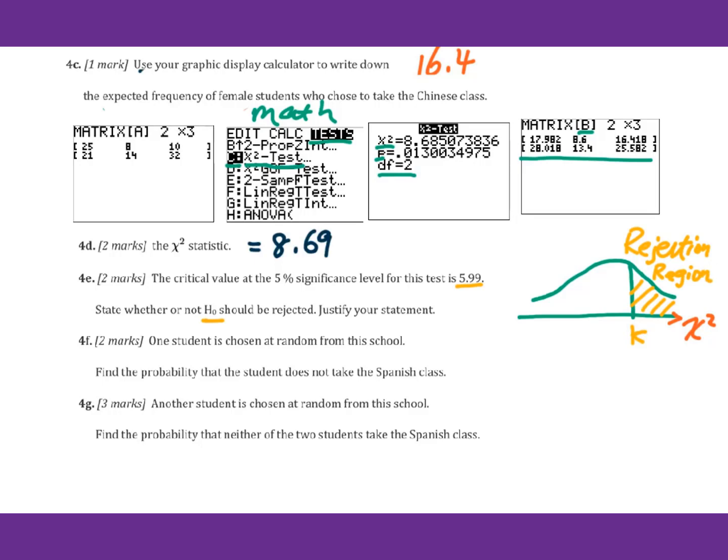When this chi-square is greater than k, which means it will fall on this rejection region, so H0 is rejected. When chi-square is less than this critical value, then this null hypothesis H0 is accepted.